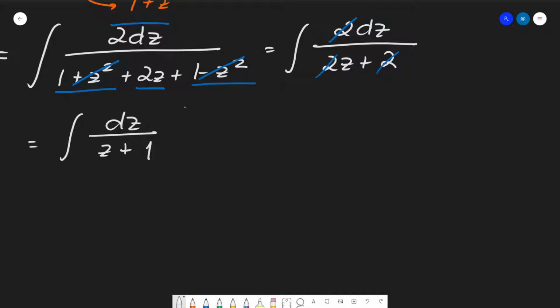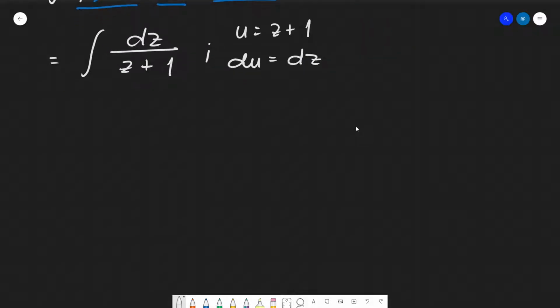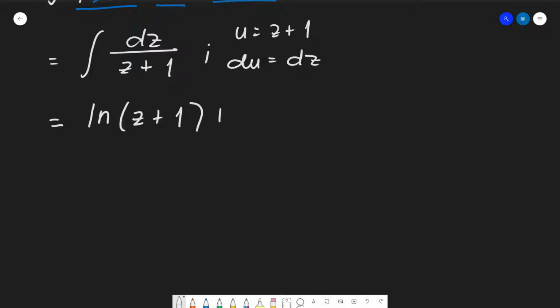And we can use u substitution. u is equal to z plus 1, du is equal to dz, obviously. So this is du over u. So our integral is ln u plus c. Substituting u with z plus 1, we have ln of z plus 1 plus c.